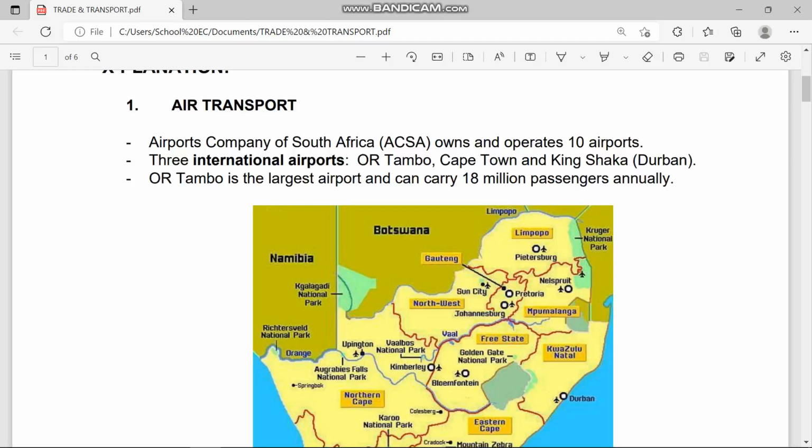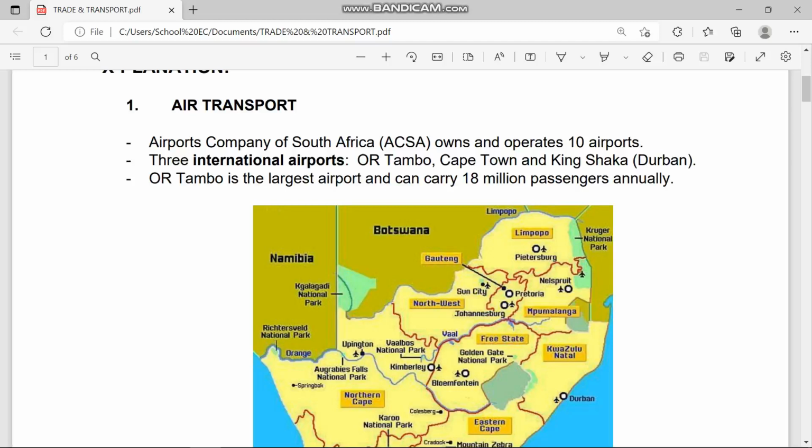Maybe during examinations, in your articles or case studies, these kinds of terms might come out. So don't be like, what is OR Tambo? You must know it's in Gauteng, so that you can have a deep understanding and answer in an effective way.